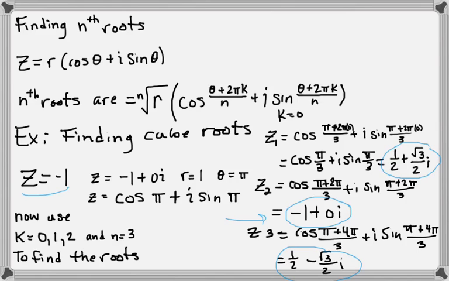The third one you're going to be adding 4 pi every time. Does that make sense? So every time that you do this, it's the same thing. Add 0, add 2 pi, add 4 pi, and give me the results for theta. So that one ends up being 5 pi over 3? Right. So that would give you this thing. So you know 1/2 is positive and the square root of 3 over 2 is negative.